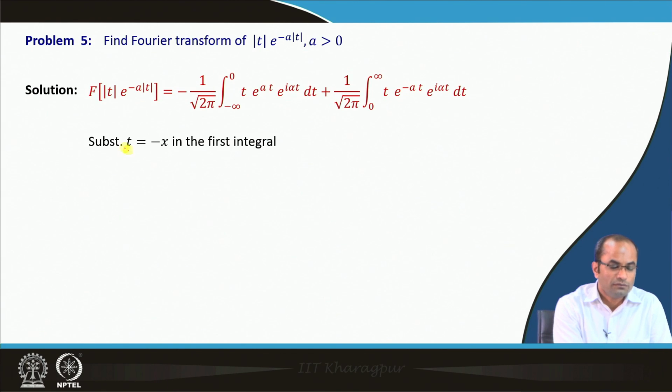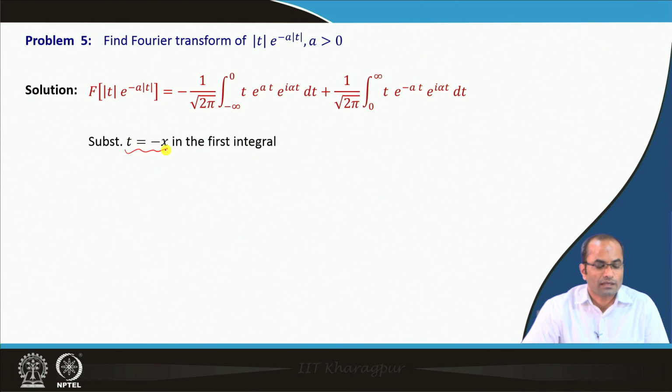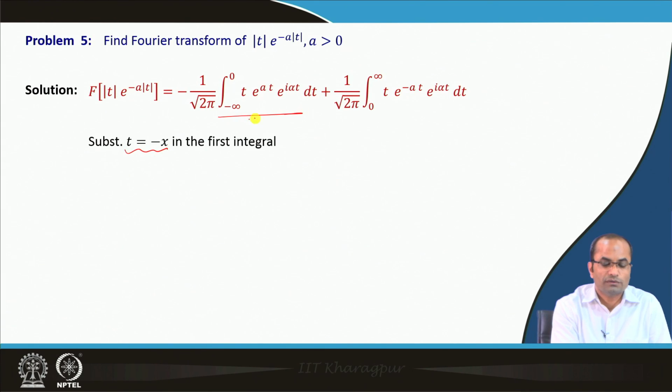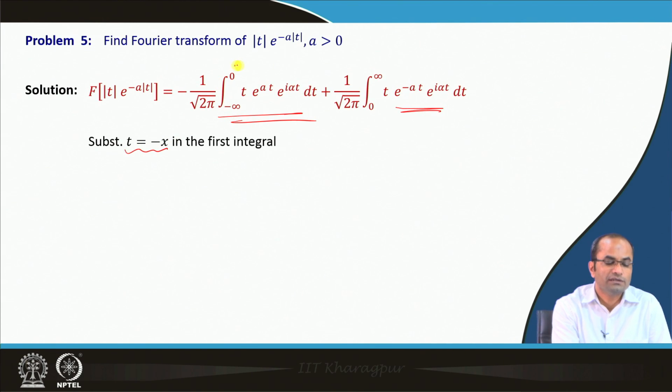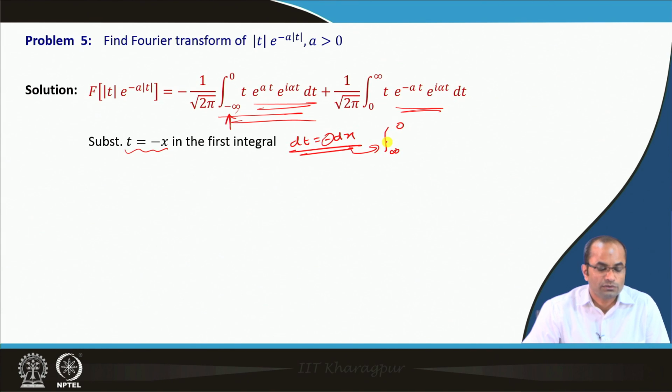So, having this, now we will just substitute t equal to minus x in the first one to make the similar integral again. So, when t is minus x, the limits will become infinity to 0 in this first case, and then some more changes will happen to the integrand, and also the dt will be minus dx. So, there will be another minus there, but then here we have the limits are now infinity to 0, but with this minus we can replace again 0 to infinity.